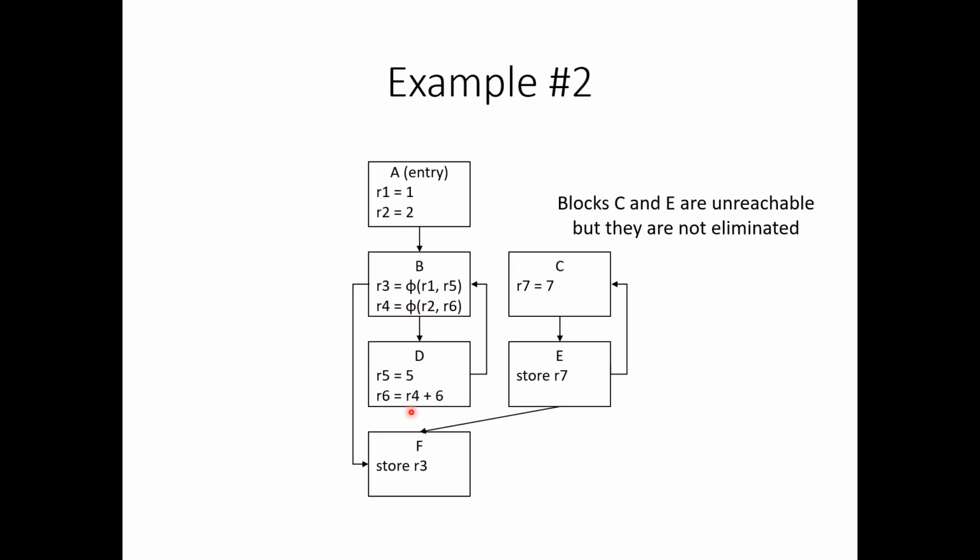No, they don't, right? For something to affect the result of the program, it needs to either get stored to memory so that it has some kind of impact, or be returned as a return value of a function.